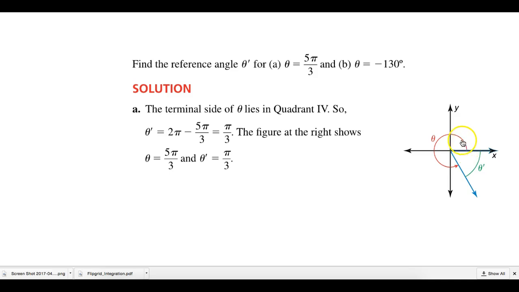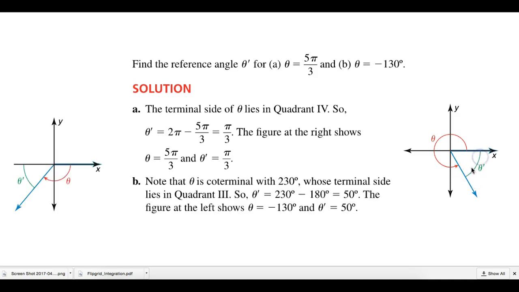Remember, theta is 5 pi over 3. Since one whole rotation is 2 pi, we can just take 2 pi and subtract 5 pi over 3. That gives us pi over 3.